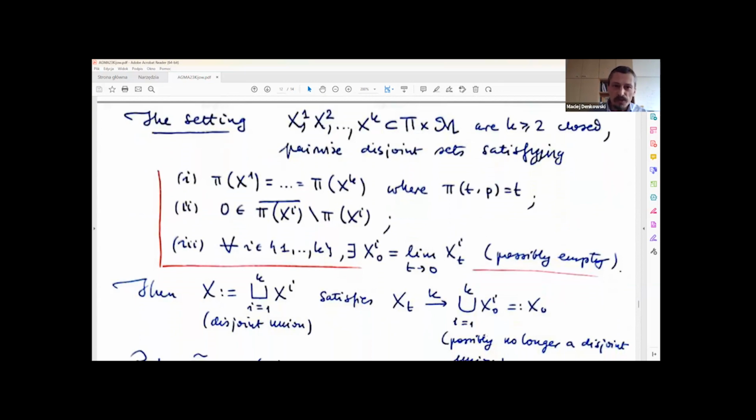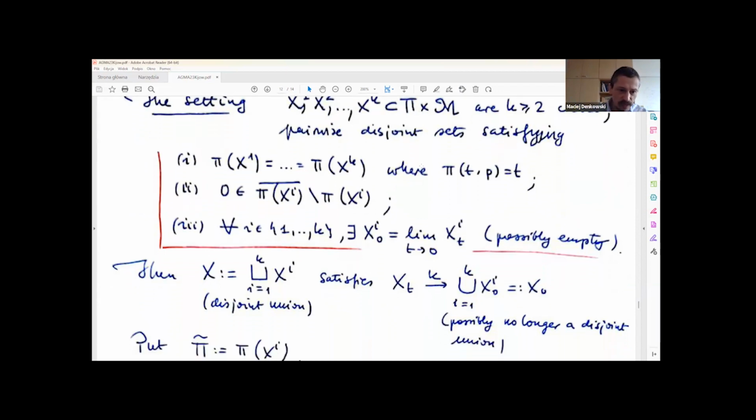And I'm almost done. So we assume that we have several sets now parameterized. You see, there is this parameter space again. The sets in question have a common projection, denoted at the bottom by pi tilde.